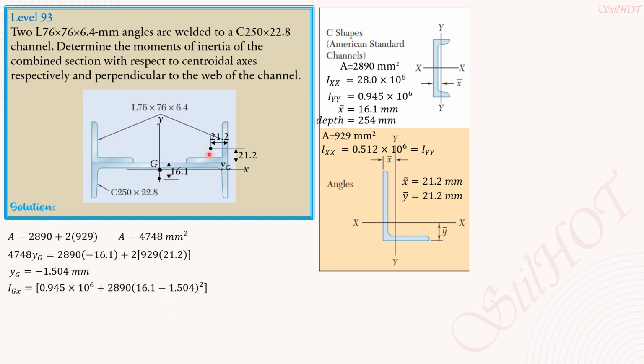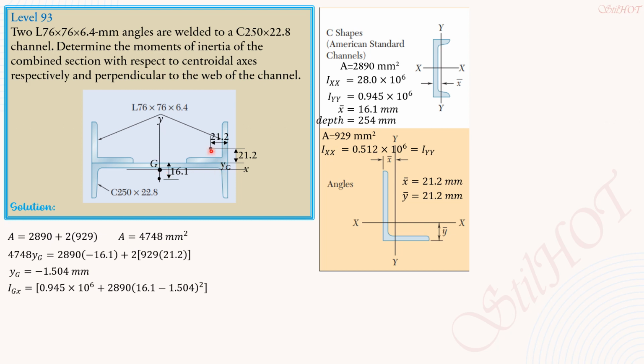Then for the two angles, it is 2 times IGX, or IXX, of the angle, which is 0.512 times 10 to the 6 plus area 929 times distance squared, where the distance is 21.2 plus YG.